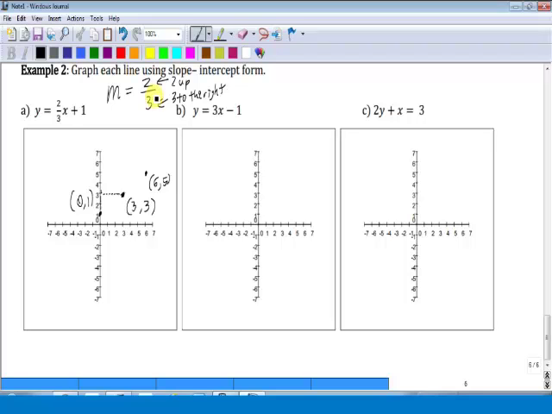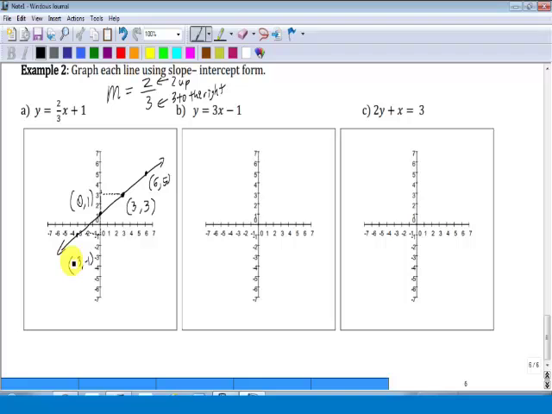Negative 2 over negative 3 would also equal 2/3. So we could go 2 units down and 3 units to the left and find additional points that way. So negative 3, negative 1. Connect the dots with the straight line.